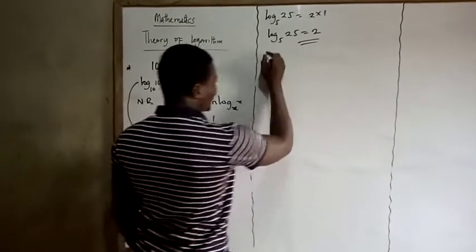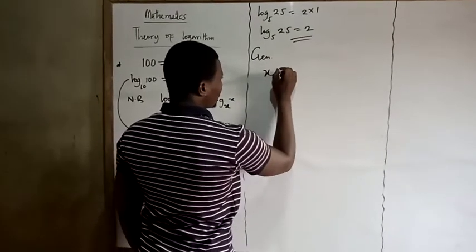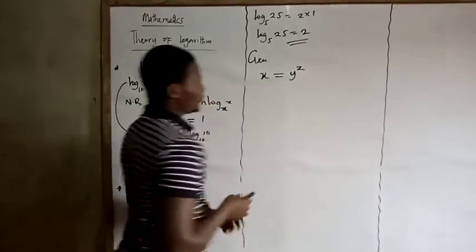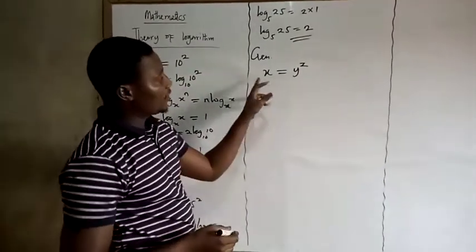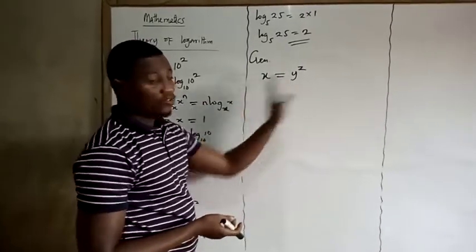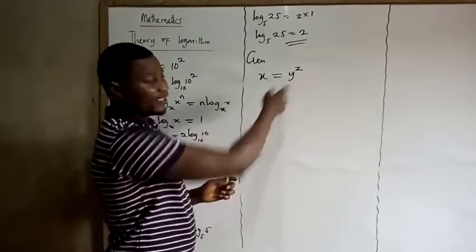Now let us look at it generally. Generally, when you have x in index form to be, let's say, y raised to power z, we can bring this to logarithmic form, but the base of that logarithm is going to be base y.